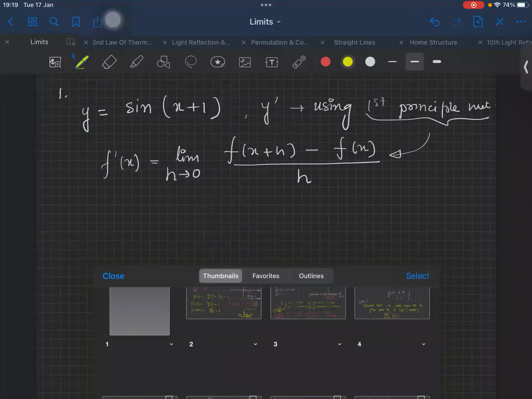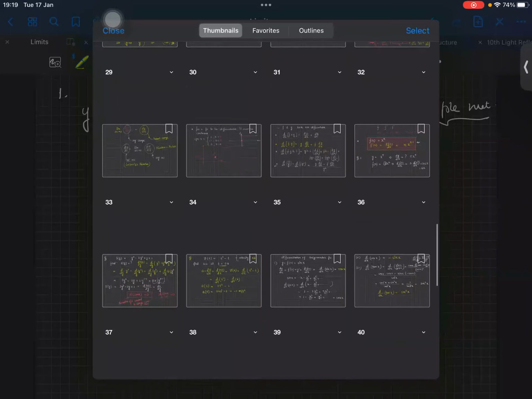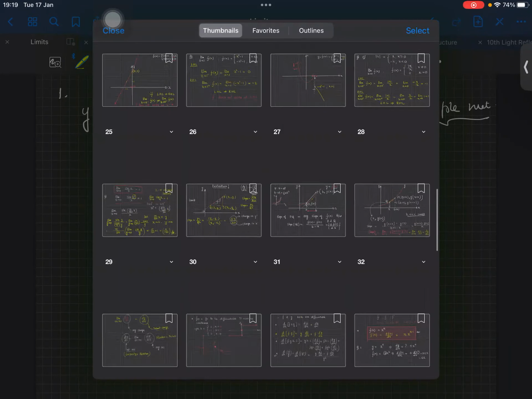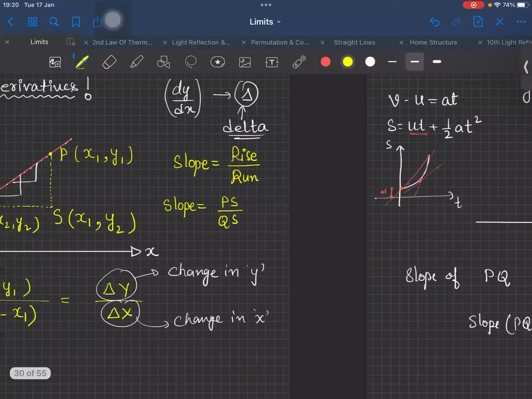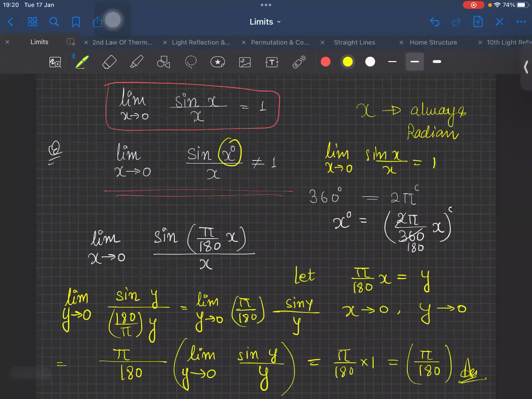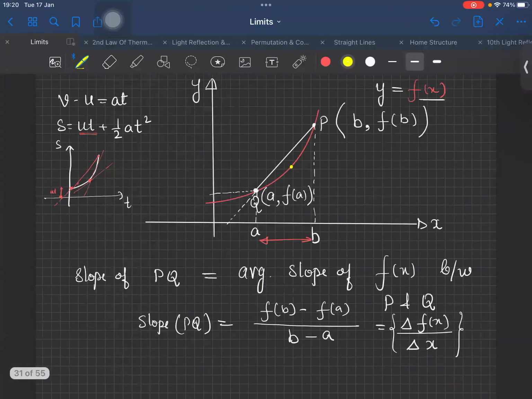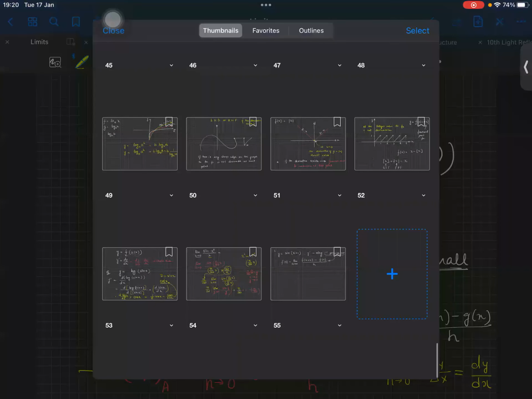We have studied it in the beginning, in derivatives, as the limit of sum. This is the first principle. Okay, so solve it using first principle method.